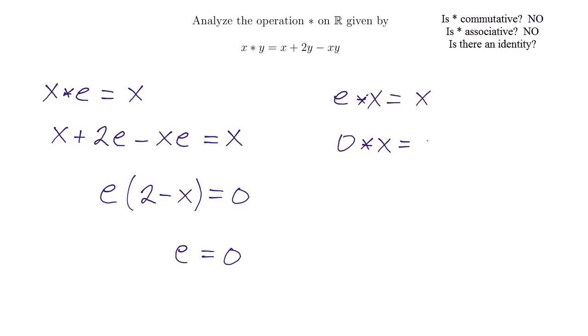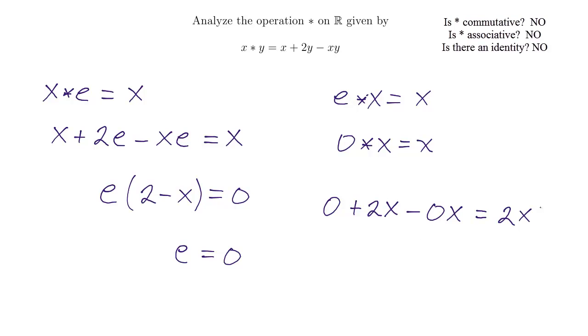Well, 0 star x is 0 plus 2x minus 0x, which is 2x. So we see that 0 in fact is not the identity. In fact, there is no identity element.